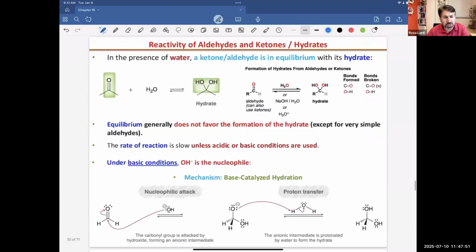First one, we're going to go after water. We can use water and add it to a carbonyl group, and we can run the reaction under acidic or basic conditions, and that's going to give us a hydrate molecule. Now, hydrates are not favored unless you are dealing with a really simple aldehyde, and there are some reasons behind it. One is electronic, and the second is the steric effect.